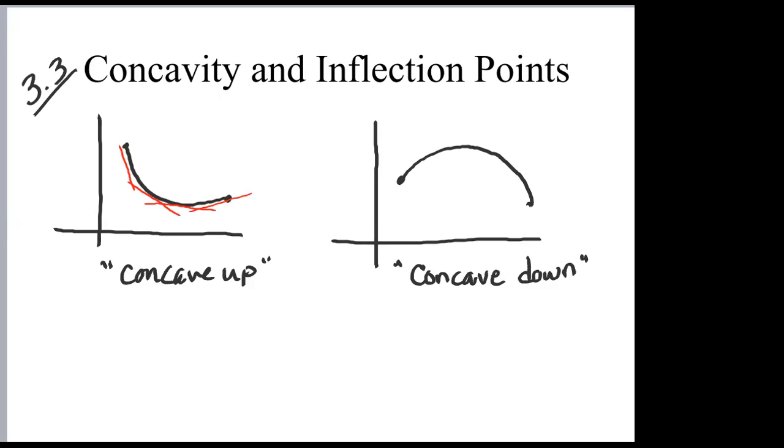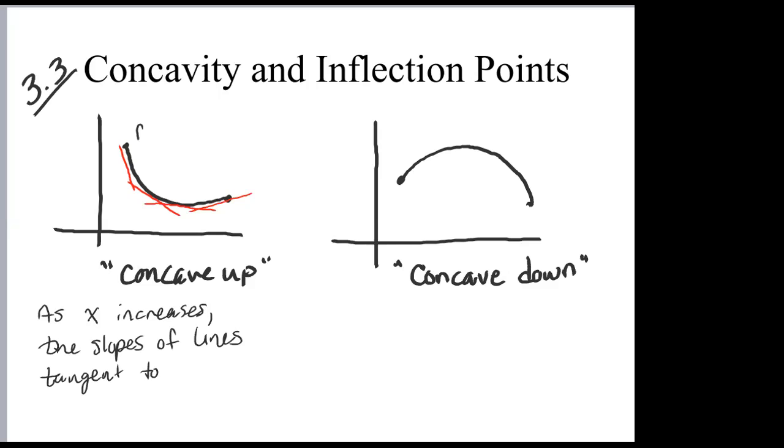So let's see, what might we say about that? We might say that as x increases, so as I move from left to right on this graph, the slopes of the lines that are tangent to the graph, we'll call this the graph of f, are increasing.